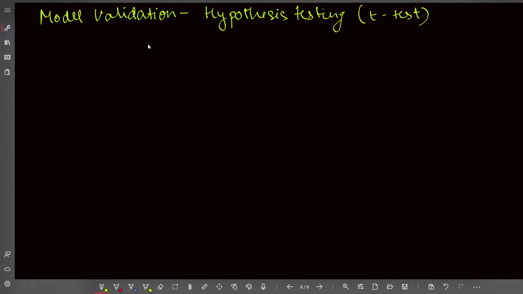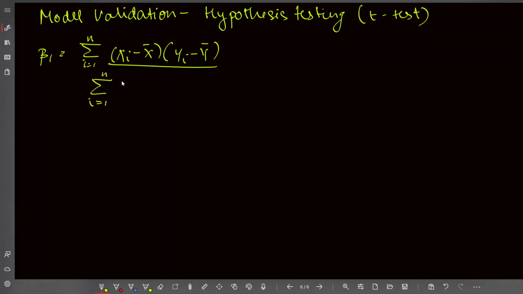So look, from OLS and from what we did in the previous videos, we know that beta 1 is equal to, I'll just write it down again, sigma i equals 1 to n (xi minus x bar) into (yi minus y bar) whole upon sigma i equals 1 to n (xi minus x bar) the whole square.